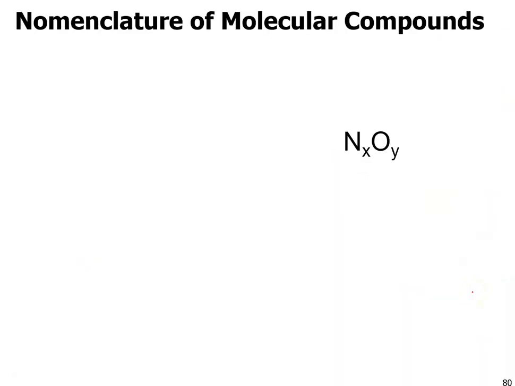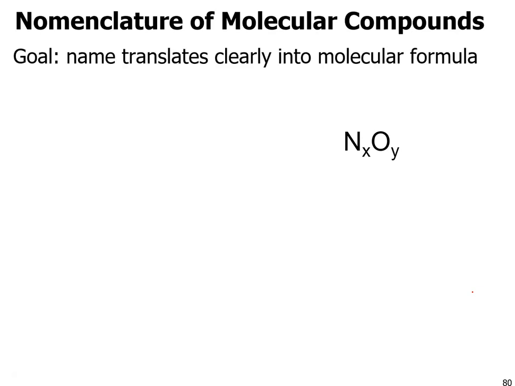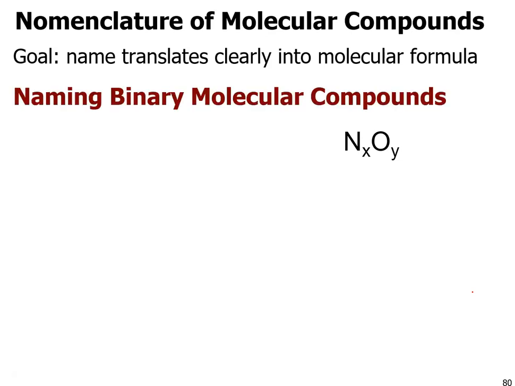For the simple binary molecular compounds, first we want to know which elements are present and how many of each of them there are. So again, we want to translate the name clearly into a molecular formula.